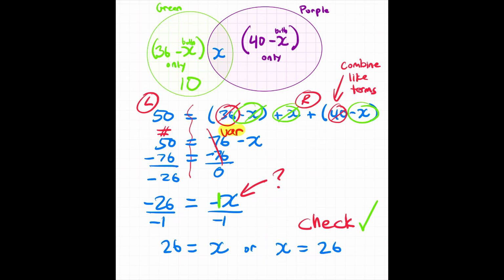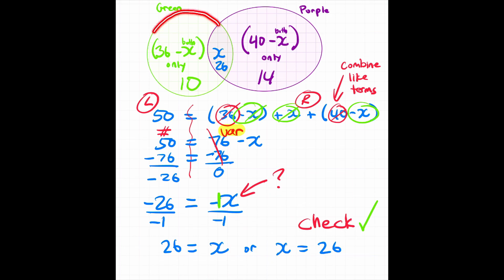And on the other side, I've got 40 minus x. And what is x? 26. So 40 minus 26 is going to be 14. So 14 people only like purple. And in the middle, that x is replaced by the value that we calculated, which is 26. And remember, how do we calculate the total number of people that are involved?